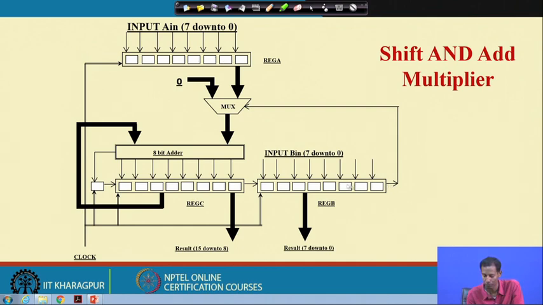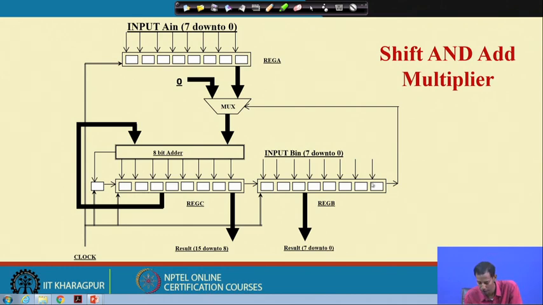This is the input B in. B in is loaded over here, and A in is loaded over here. As in the previous example, let us consider that the first bit is 0.